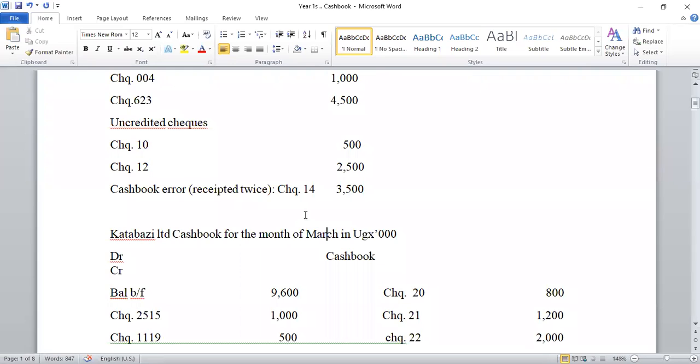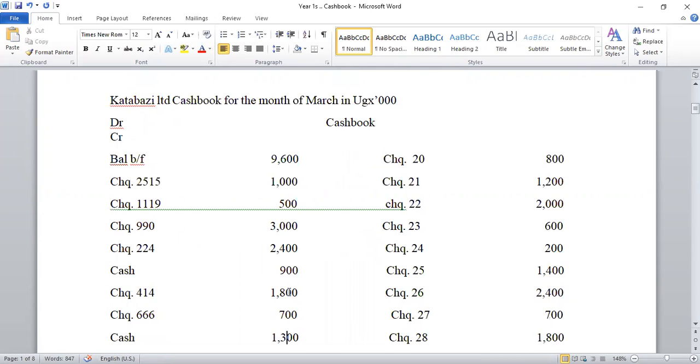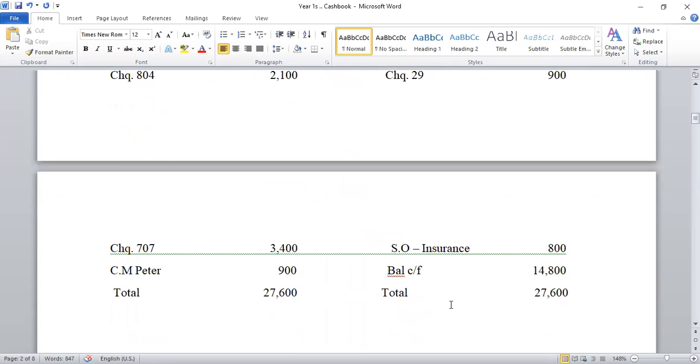You find that the previous month had the closing balance as 9,600, of course it comes as the opening balance in March as 9,600. That's the balance. Then the closing balance is 14,800. We reconcile 14,800, not the above.